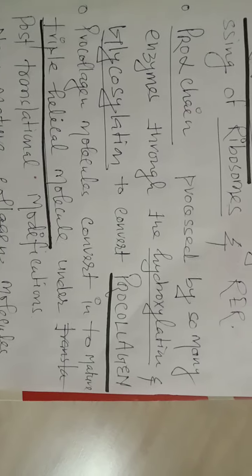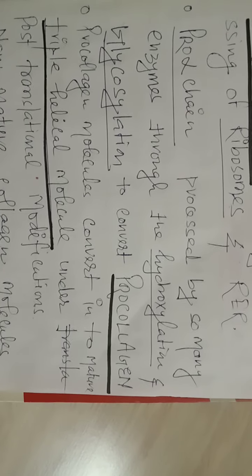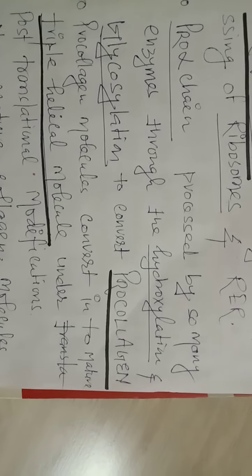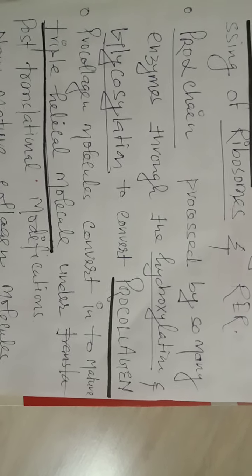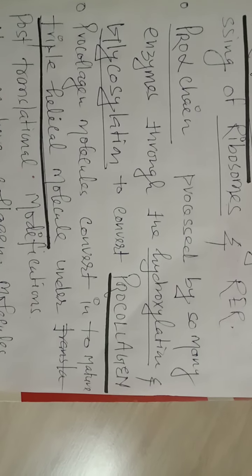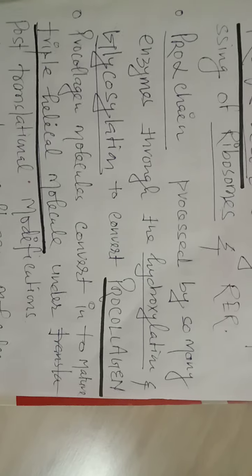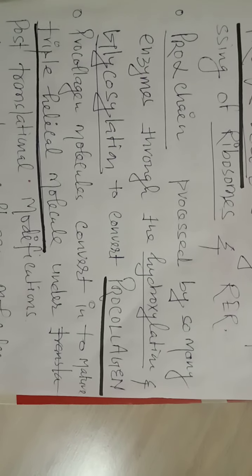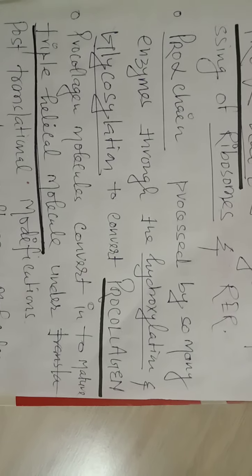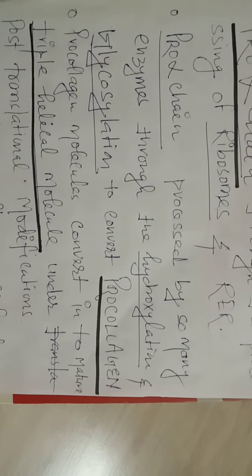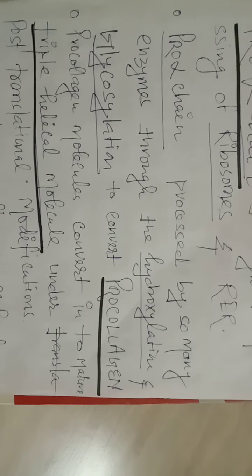So before the formation of the triple helical molecule of collagen, there will be the post-translational modification, and after post-translational modification it will make this type of molecule, that means the triple helical molecule.